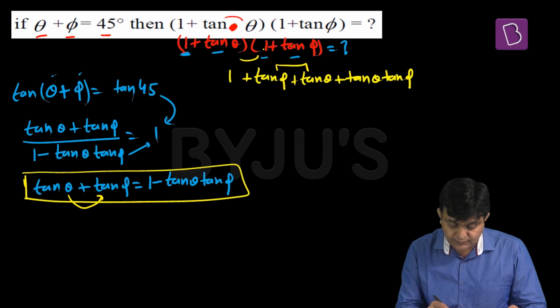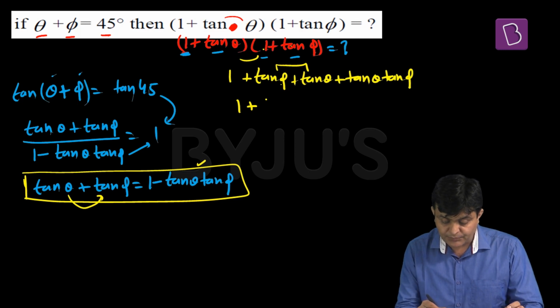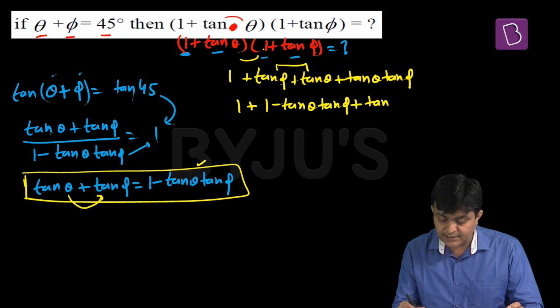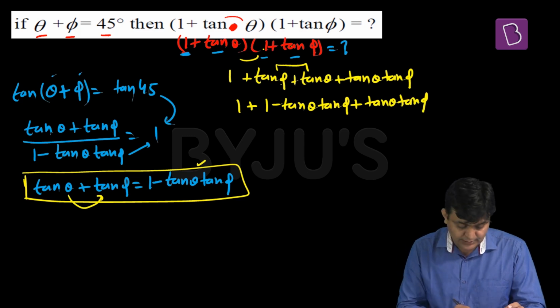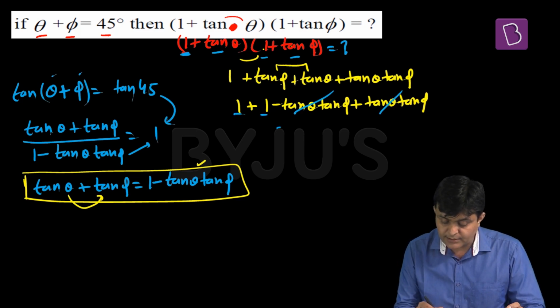So put this value, it becomes 1 plus tan phi tan theta की जगह 1 minus tan theta into tan phi and plus next is tan theta into tan phi, right? It is plus, it is minus, cancel out, 1 plus 1, that means 2 is our answer.